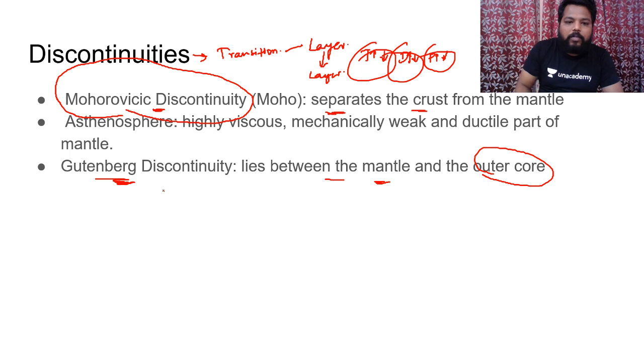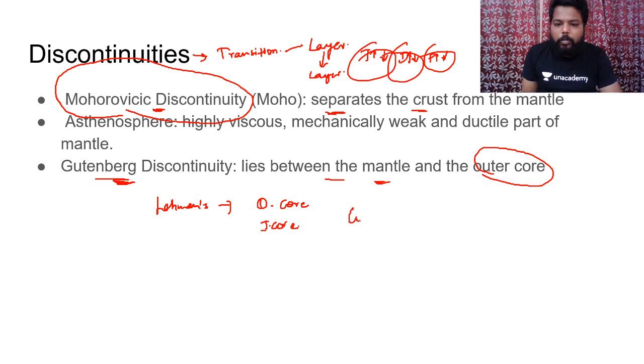Apart from this, we also have Lehmann's discontinuity, which divides the outer core from the inner core. Please do remember this point. Clear? In some books it is also mentioned as the Conrad discontinuity, which is present between the upper crust and the lower crust. Clear?